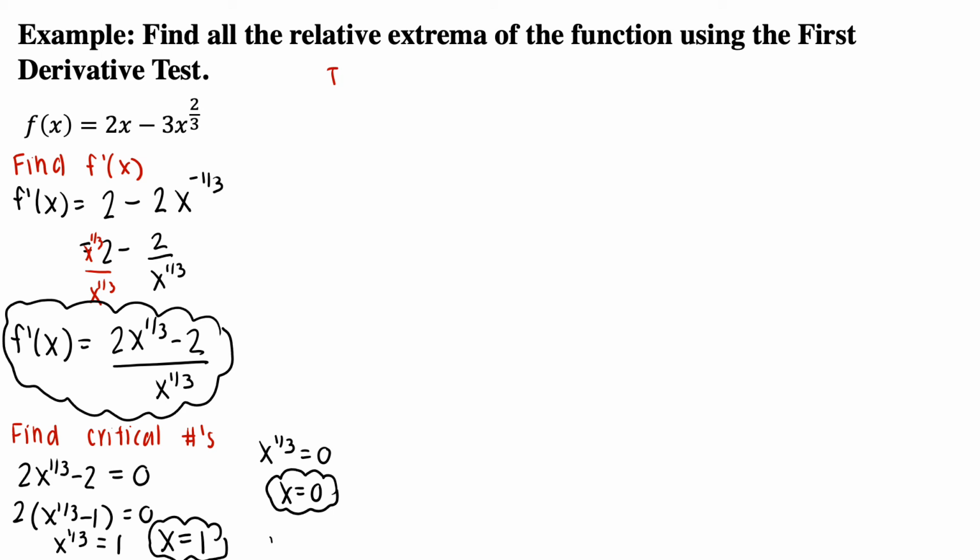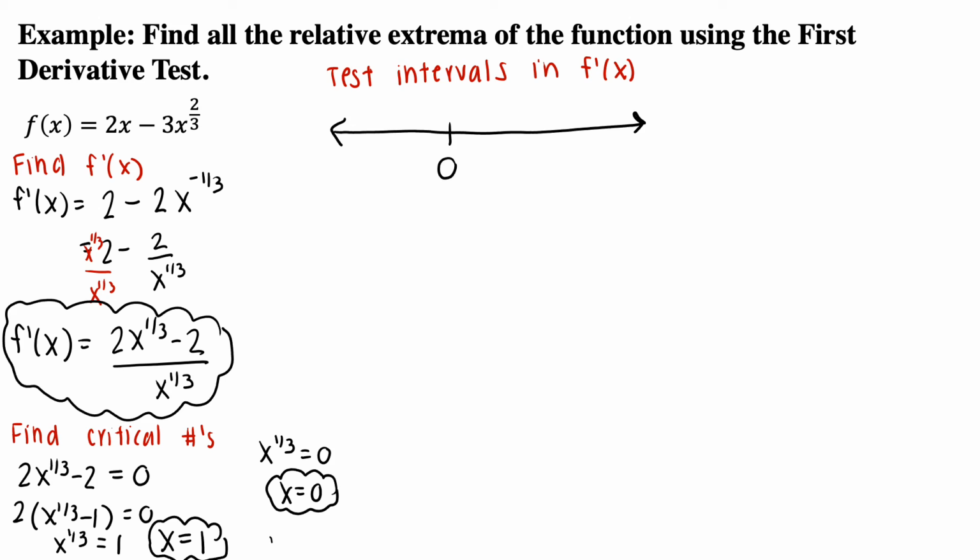The third step is to test our intervals in our derivative f prime of x. So setting up that number line, we have a critical number at 0 and a critical number at 1. Choosing values to plug in, let's plug in something like -1, 1/2, and maybe 2.